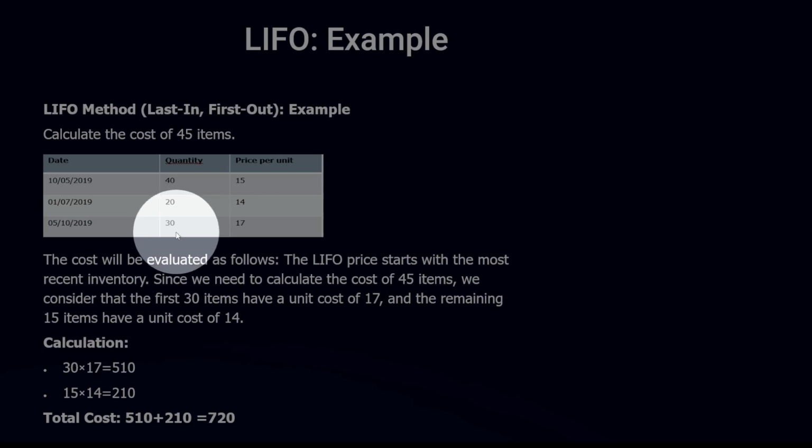We calculate the remaining, which is 45 minus 30, and we get 15 items that we purchased at a value of 14. We add the first line and the second line, and we get a total cost of 720. This is how we calculate our stock according to the LIFO method.